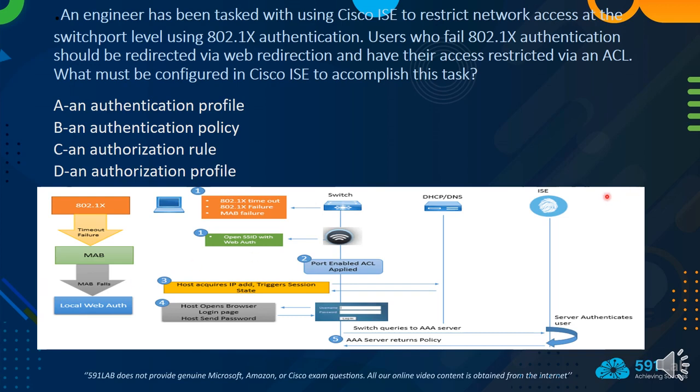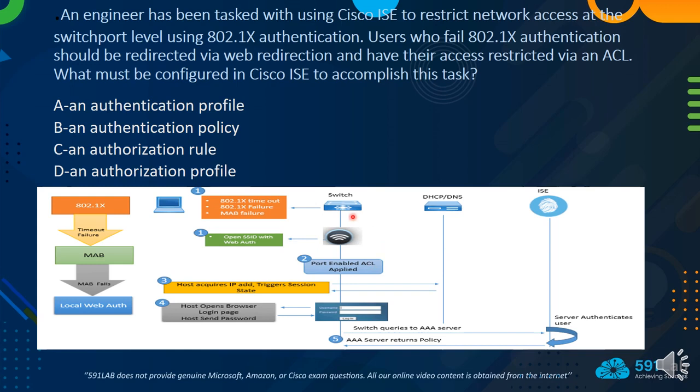In our scenario, this user would like to authenticate on ISE using the 802.1X protocol that is configured on this switch port, as in step number 1. If this authentication fails, the user should go to the next step, the web access list redirection.